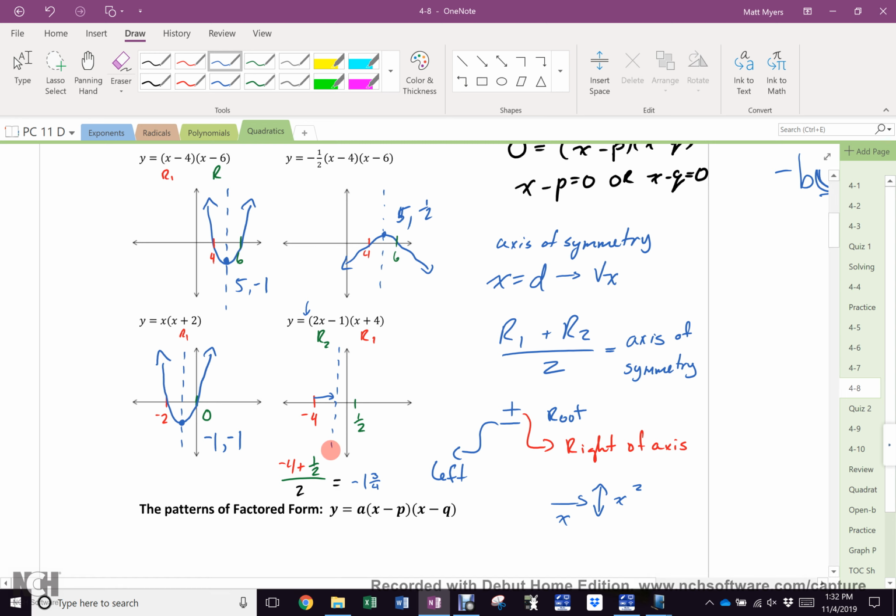So what is my vertex? -1 3/4 and 5.0625, which is 8 thousandths. No, whatever. Who cares? You all would use your calculators for this, right? And that's negative. And then I can do this.